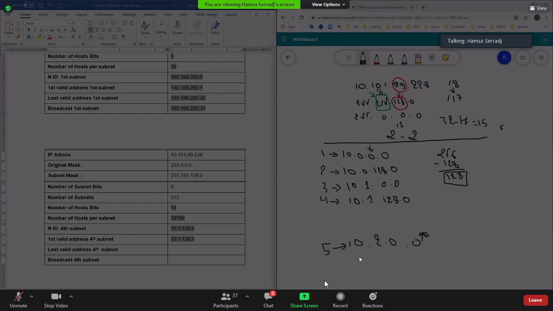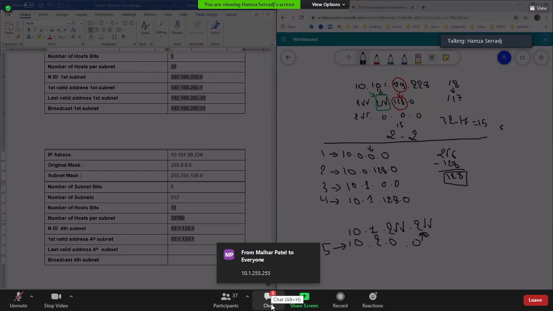The address before 10.2.0.0. Wrong. You're wrong, Malhar. Yuvraj, good. The address before this one is 10.1.255.255.